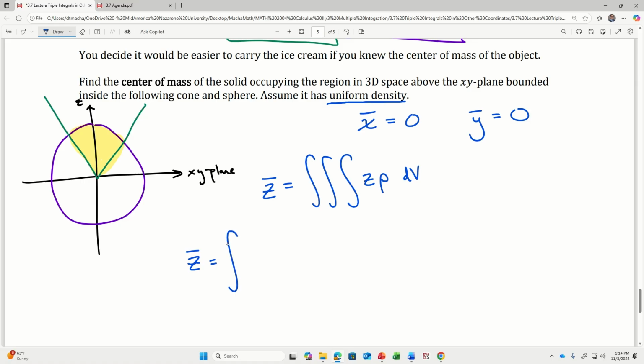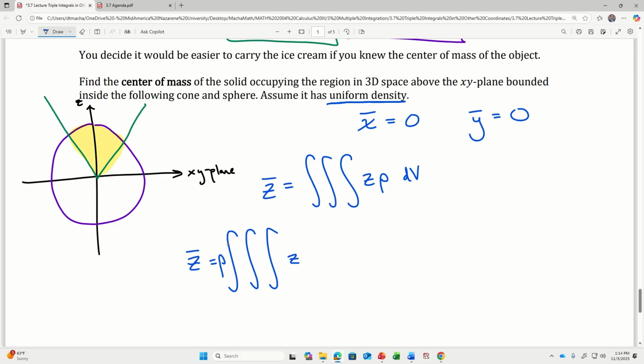So let's keep the same cylindrical coordinate triple integral that we had in the previous problem. And since it has uniform density, rho is just a constant, right? It doesn't depend on x, y, and z. Rho is a constant for uniform density. So you could say rho is out here because it's a constant.